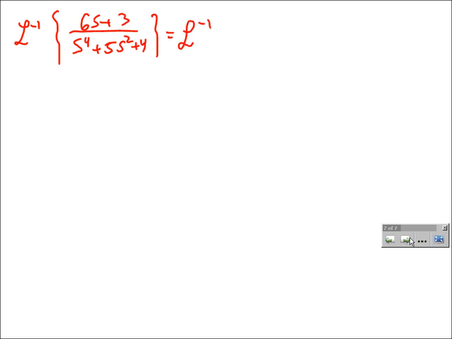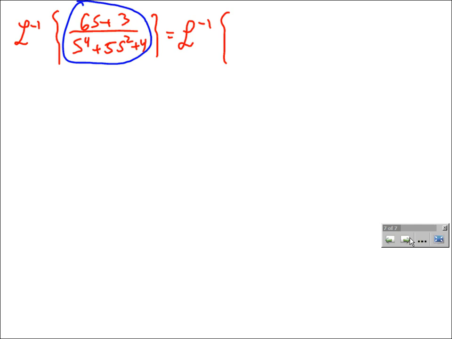Suppose you have the Laplace inverse of 6s plus 3 over s to the 4th plus 5s squared plus 4. Now, what's inside here doesn't look like one of the 7 that we know the inverse of.